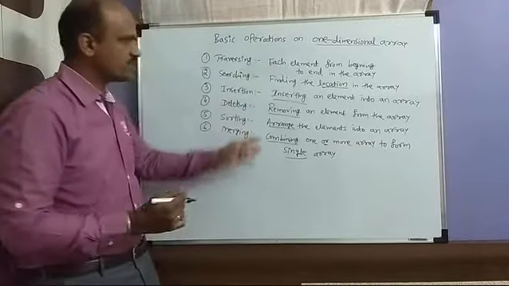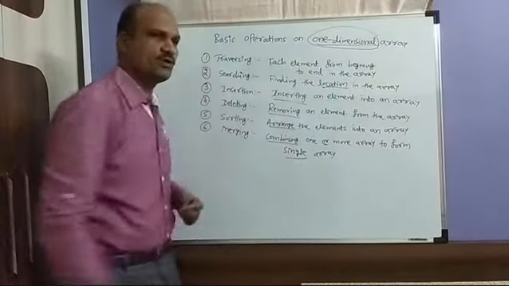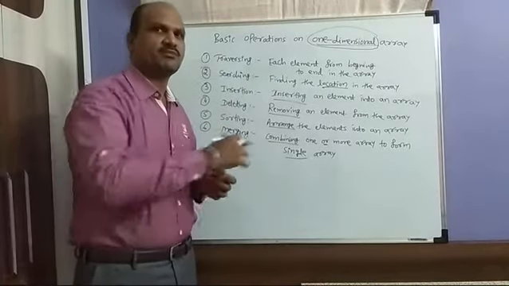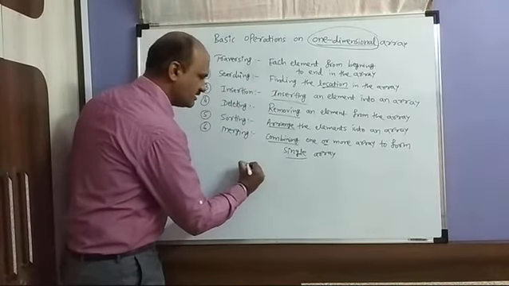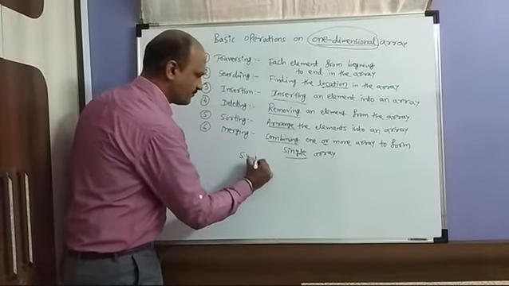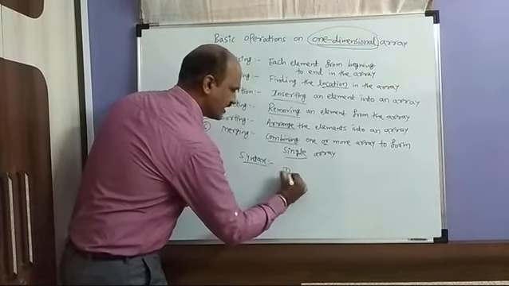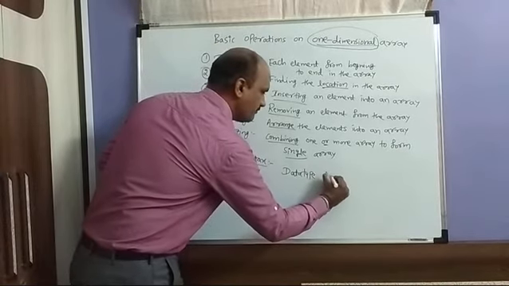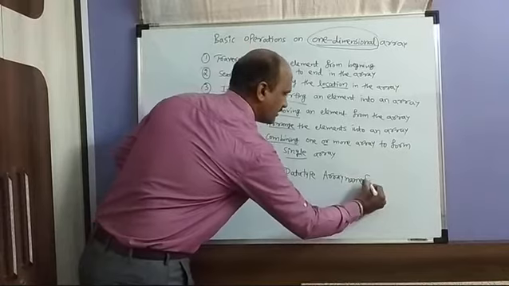So these are the operations on this one-dimensional array. We are talking about now one-dimensional array. As earlier in the previous video, I told you one-dimensional array is represented. That is, the syntax is like this: data type, array name, and the size.